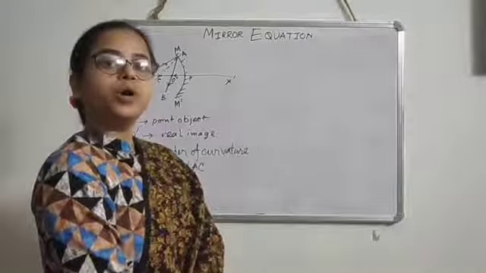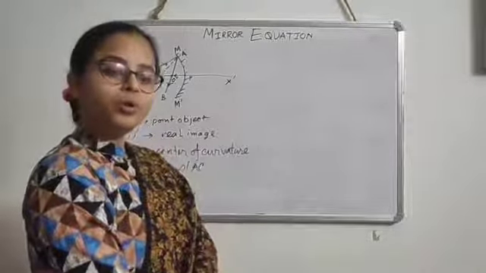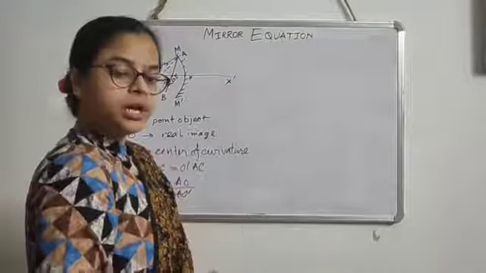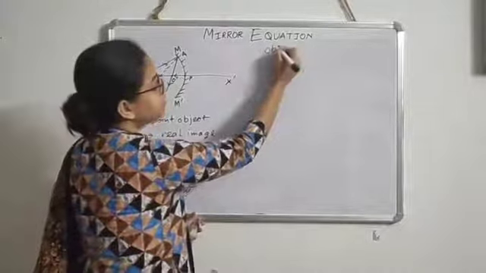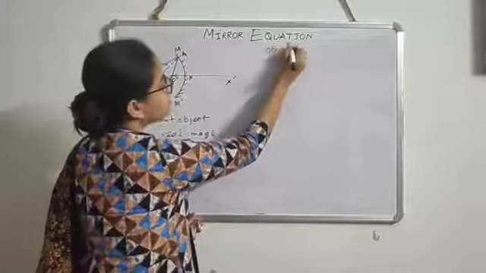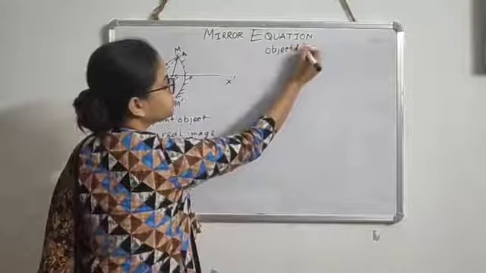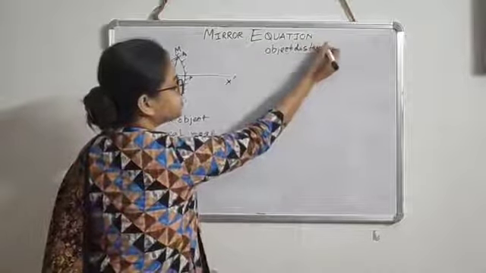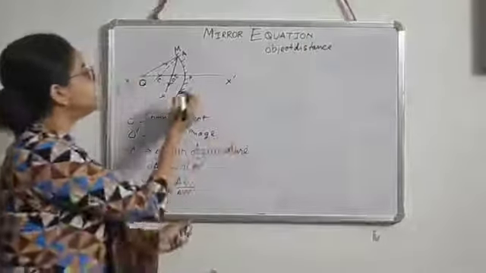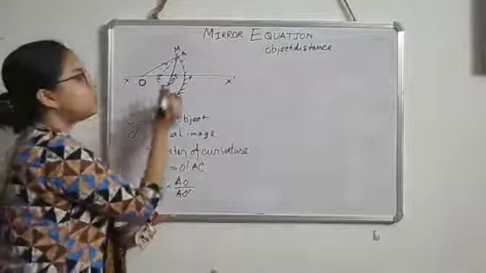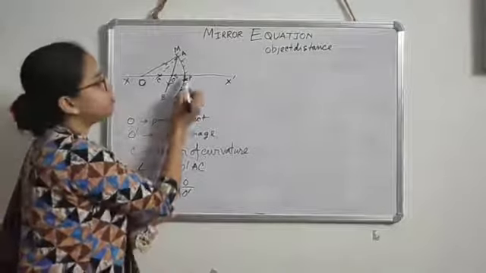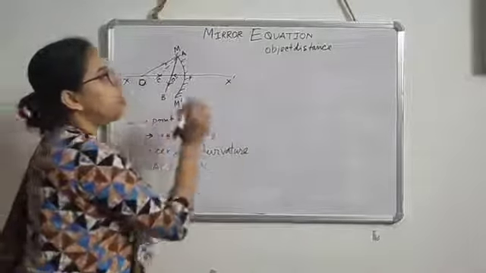Now taking the pole as origin, we will put the sign convention first. Here object distance is PO. As O is the point object, we have to measure the distance from the pole. So PO is the object distance.